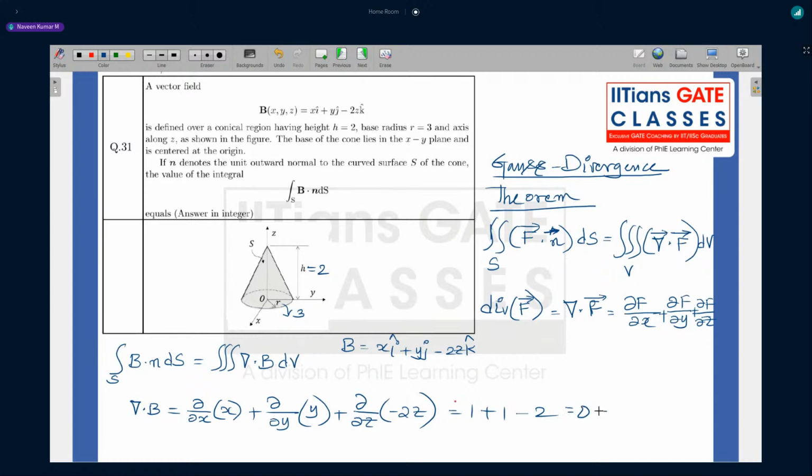It means that the divergence of the vector field b is 0. So the surface integral of b dot n dS is equal to the triple integral of 0, because the divergence is 0. That's it. Simply the answer is 0. Very simple question. Next.